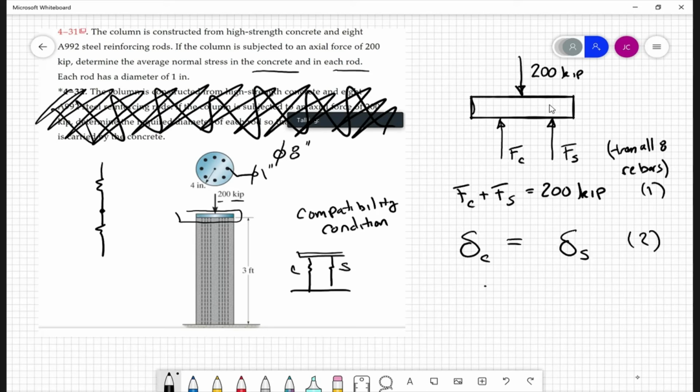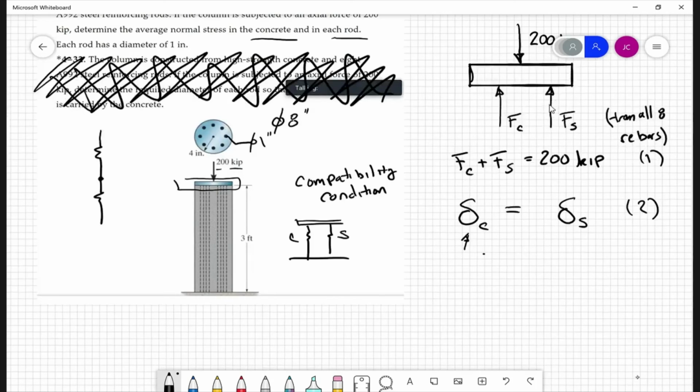So again, the elongation of the concrete is the force in the concrete times the length of the concrete over the cross-sectional area of the concrete times Young's modulus of the concrete. Likewise, the displacement of the steel is the force in the steel times the length of the steel over the cross-sectional area of the steel times Young's modulus of the steel.